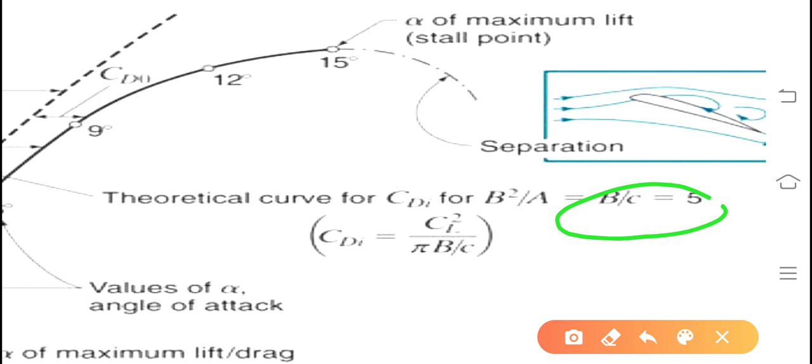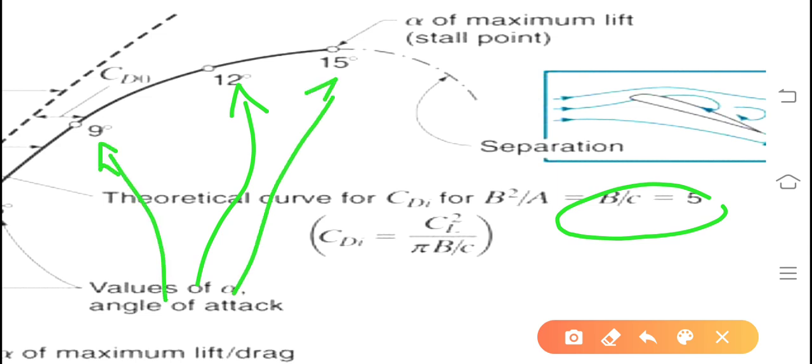CD is equal to CL squared divided by pi times B by C. The values of angle of attack are shown on the curve itself.